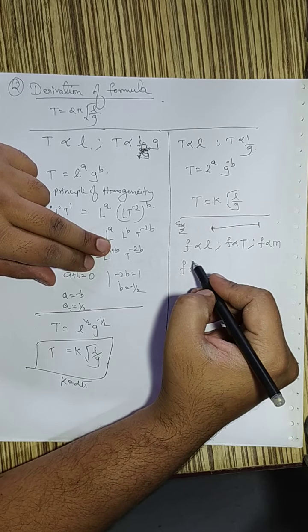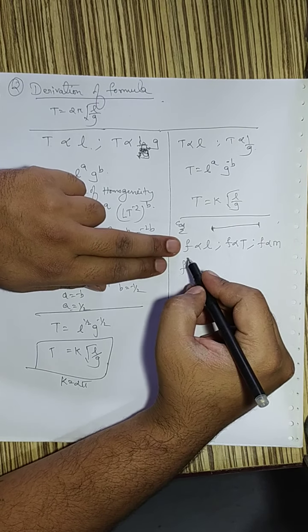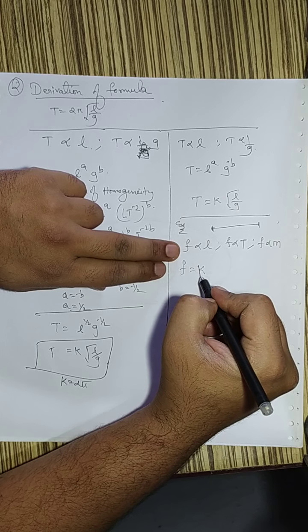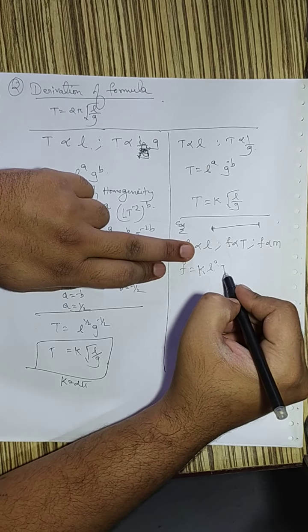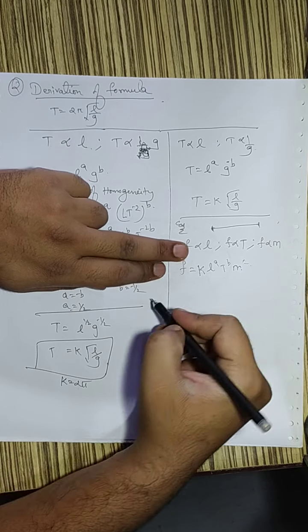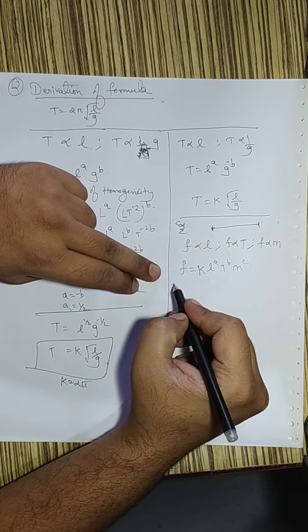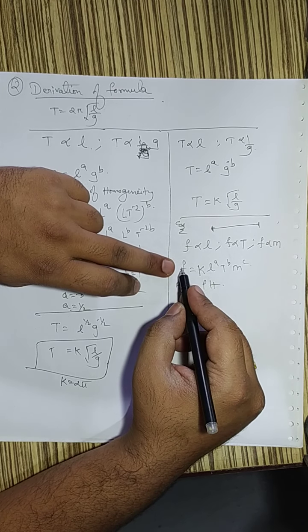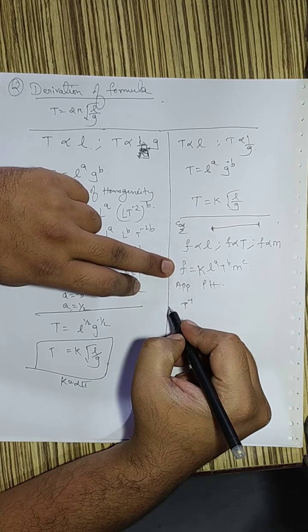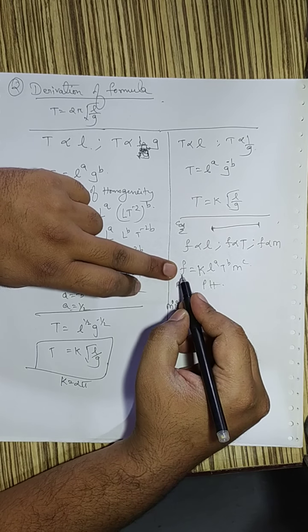We can conclude from these observations that f will be equal to K, some constant which is determined experimentally, times L to the power A, T to the power B and M to the power C. Let us evaluate again applying the principle of homogeneity. Frequency is time inverse, so it will be M^0 L^0 T^(-1).